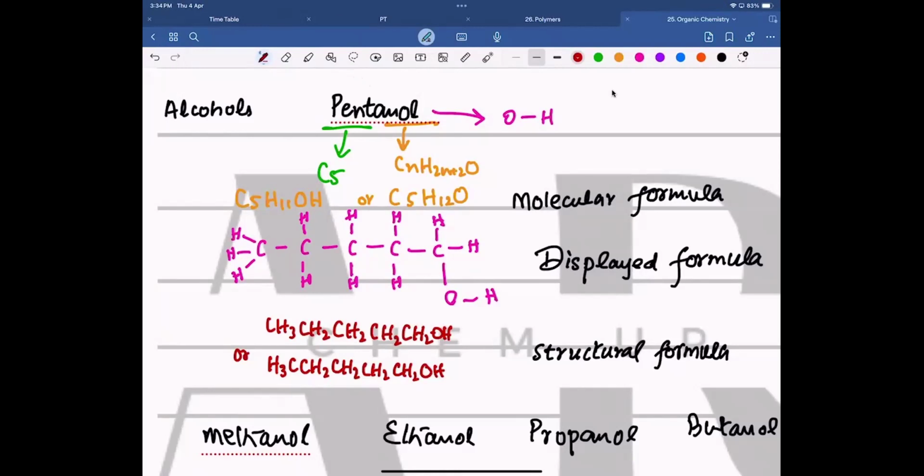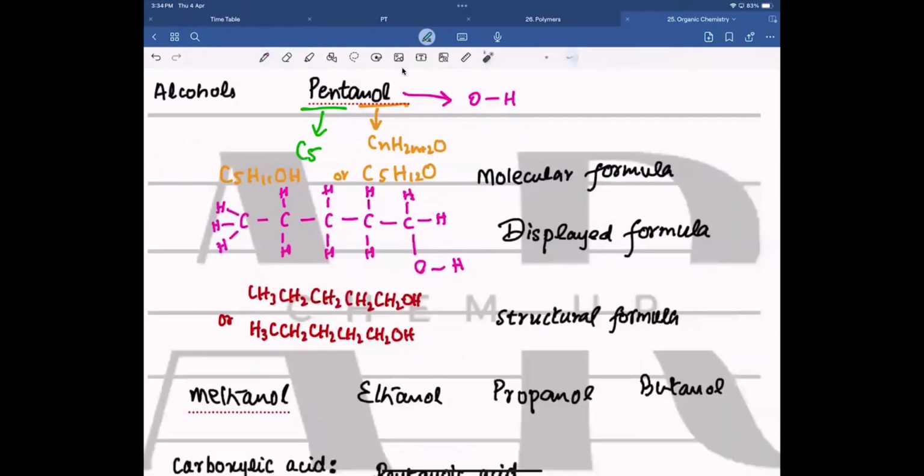Is my screen showing now? Yes, Khatija and Saad. Complete these four and then I will check.